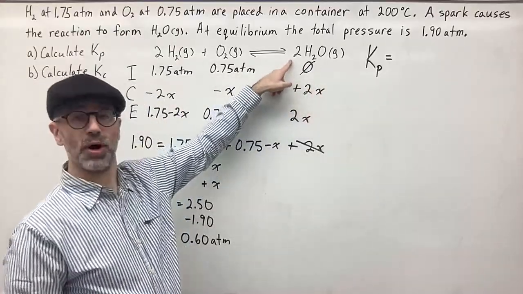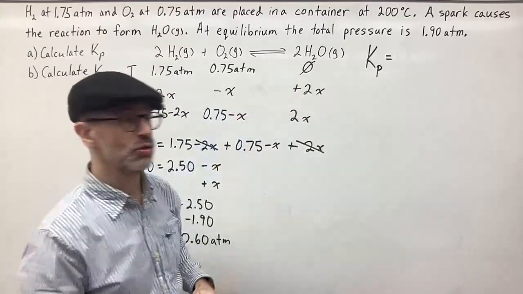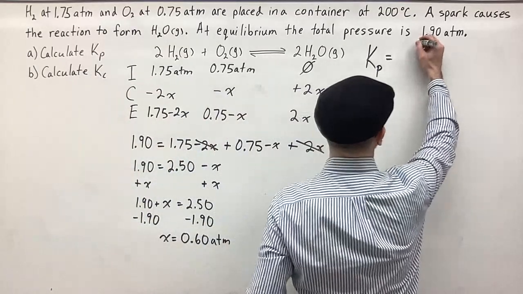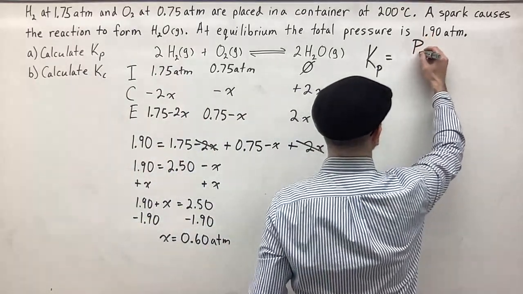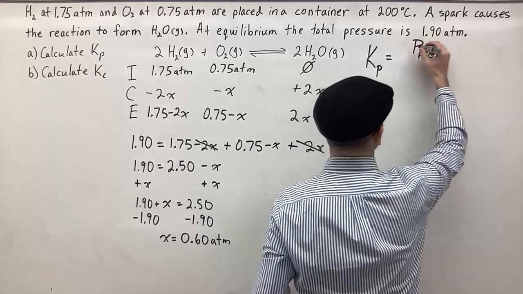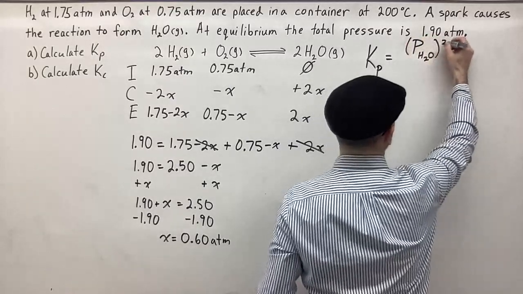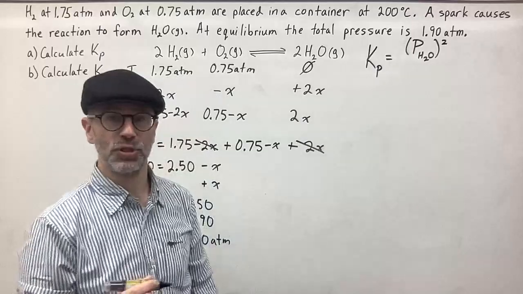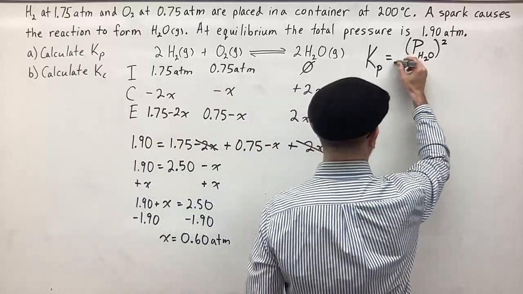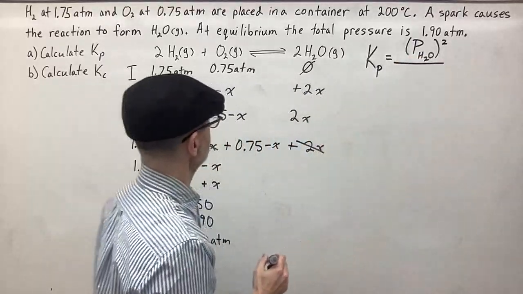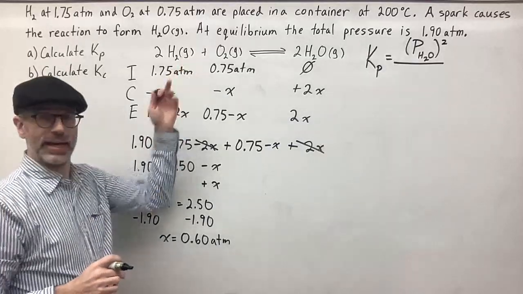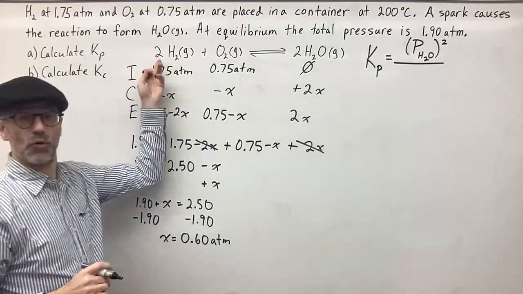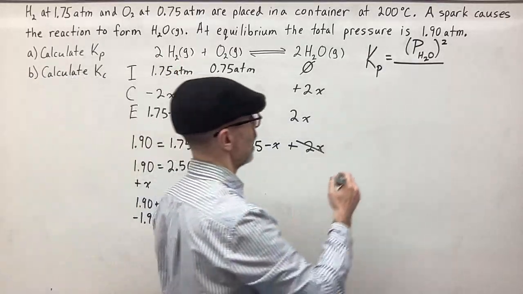We have one product, it has a coefficient of 2, so this is going to be the partial pressure of H2O raised to the power of 2. That's on the top. And now we have our reactants. So we have H2, again coefficient 2, so that's going to be raised to the power of 2.